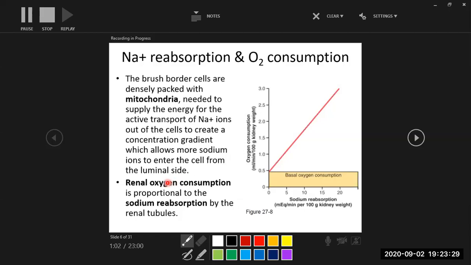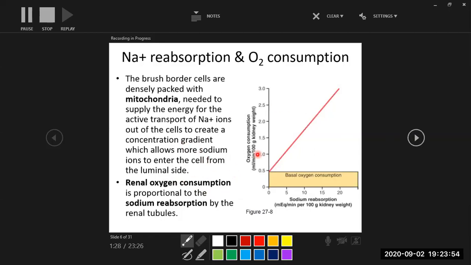The ATP generated by mitochondria is basically all used to pump the sodium. And pumping sodium creates a chain reaction so that we can also reabsorb other good stuff, including glucose, amino acids, etc.